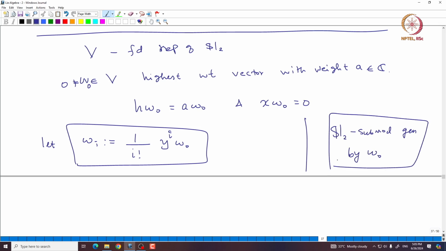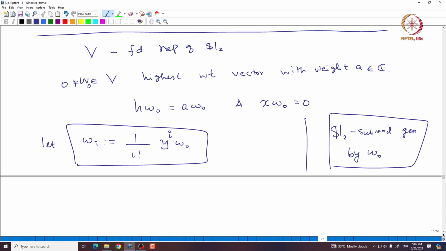Indeed, we are going to prove that the SL2 submodule generated by w_0 can be obtained from w_0 by applying various powers of Y. So, we do not need to worry about the H action or the X action.